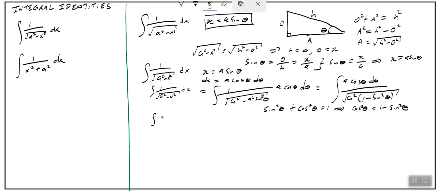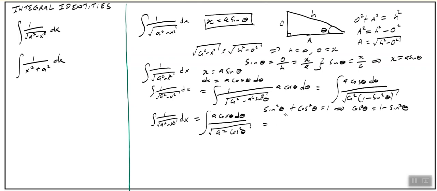Therefore, our integral of 1 divided by the square root of a squared minus x squared dx becomes a cosine theta d theta divided by the square root of a squared, and instead of 1 minus sine squared theta, we're going to substitute cosine squared theta. Now we can take the square root of everything underneath here.